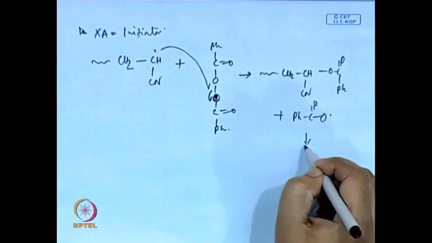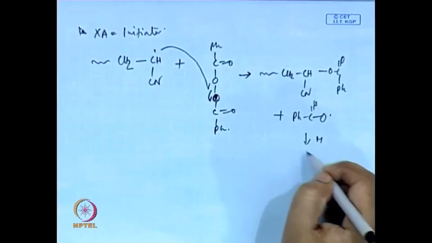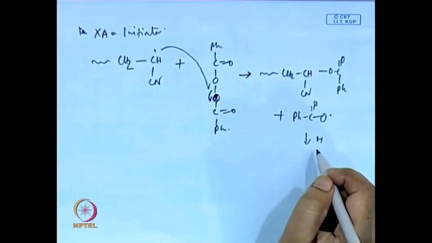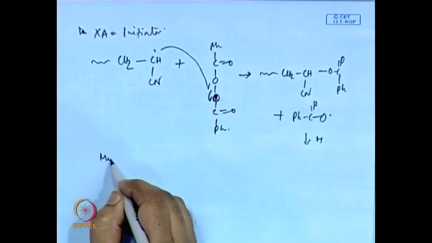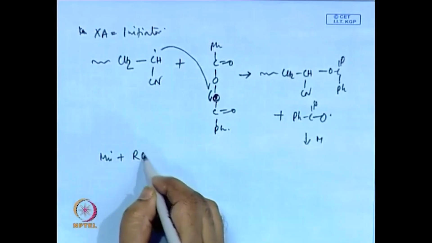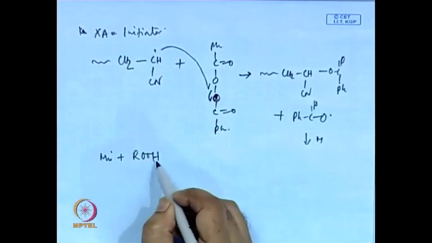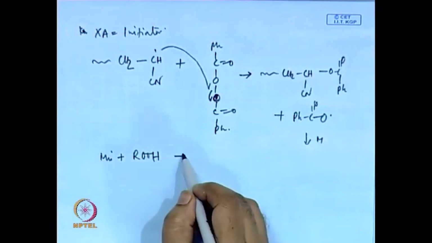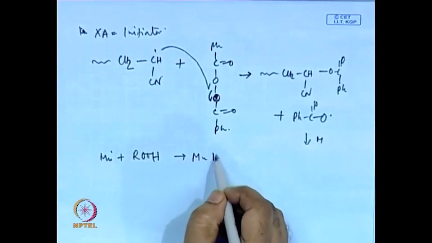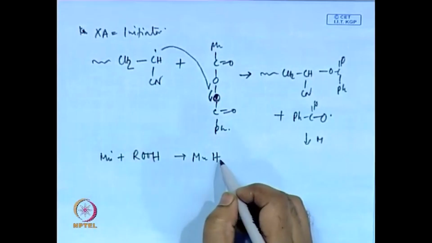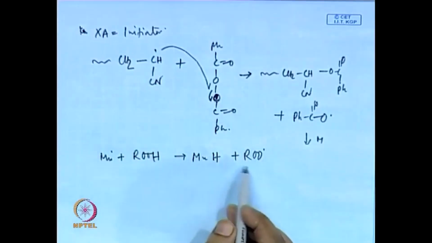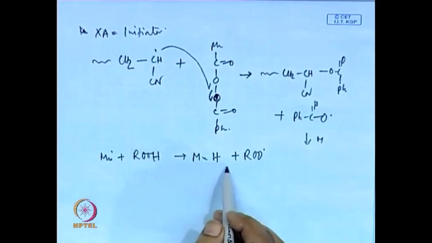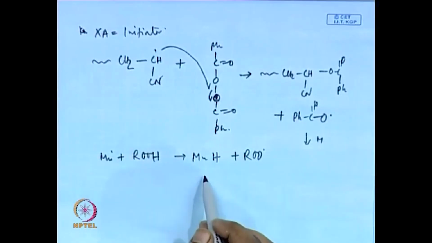Now this can again react with the monomer and initiate another kinetic chain. There could be some peroxides or hydroperoxides which, when acting as an initiator, also participate in chain transfer reaction, resulting in a decrease of molecular weight.